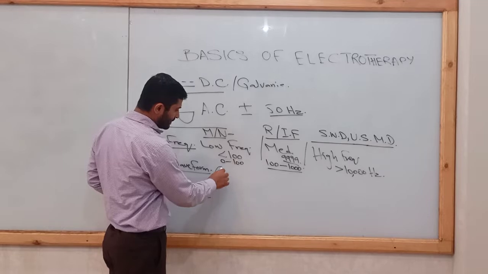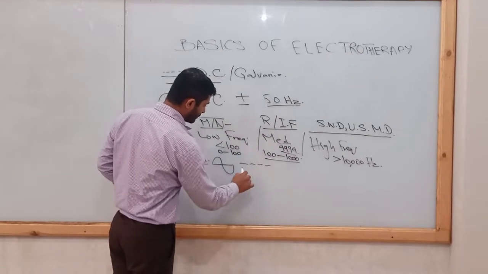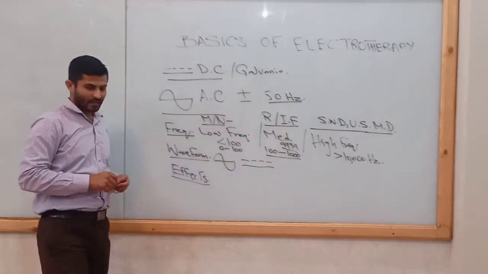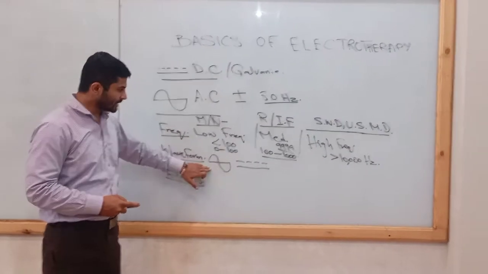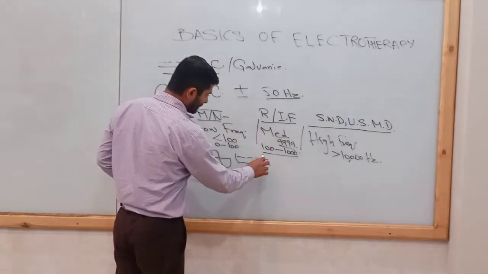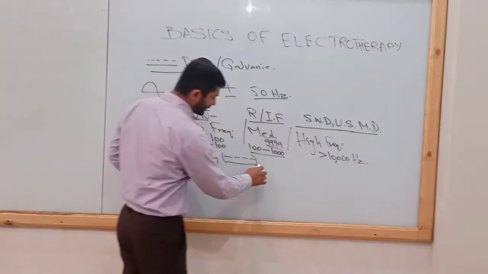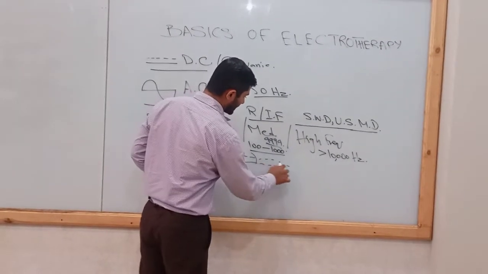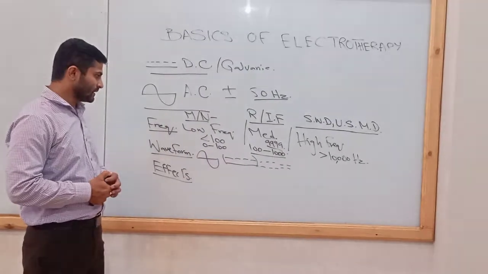Currents can be classified into 2 types of waveforms. For example, it can be majorly alternating or direct. Because the direct current has limited use, it is usually used as interrupted direct current, IDC, for denervated muscles.